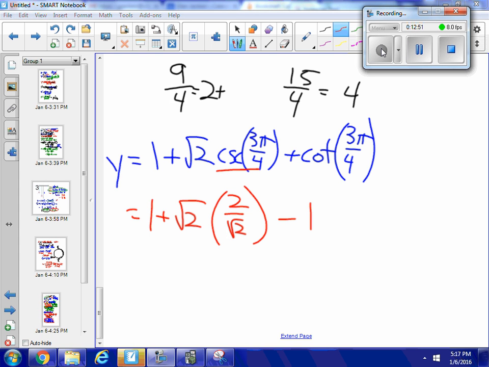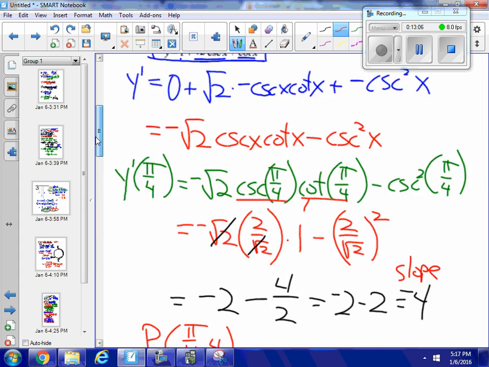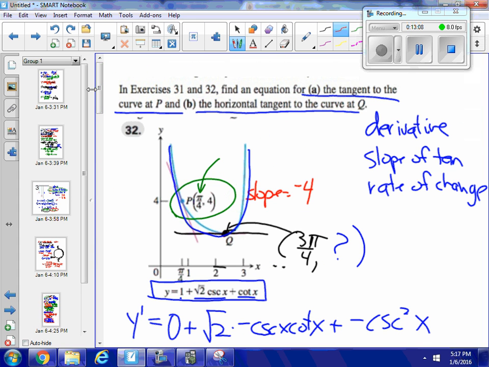So what I have now is 1 plus, well, they're going to cancel out, 2 minus 1. Well, that's equal to 2. So I know that this point right here is the point 3 pi over 4, comma, 2.